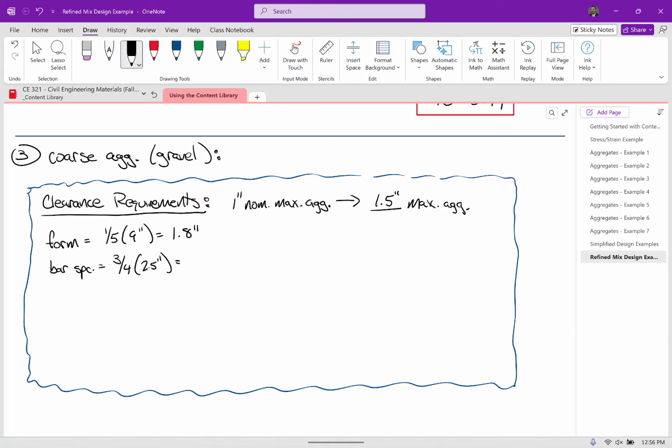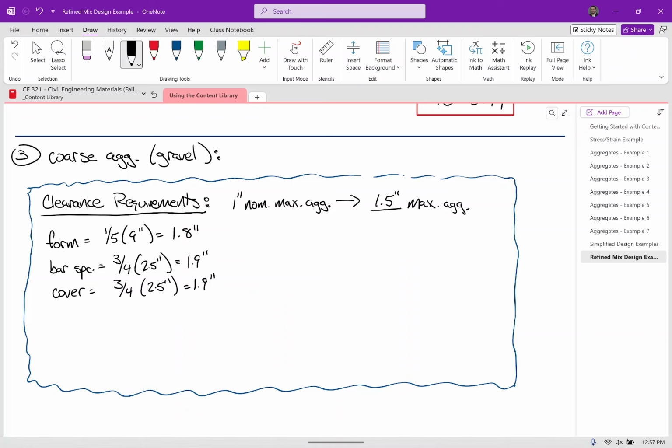What is 3/4 of 2.5? Okay, we'll call it 1.9. And our cover, that's also going to be 1.9.